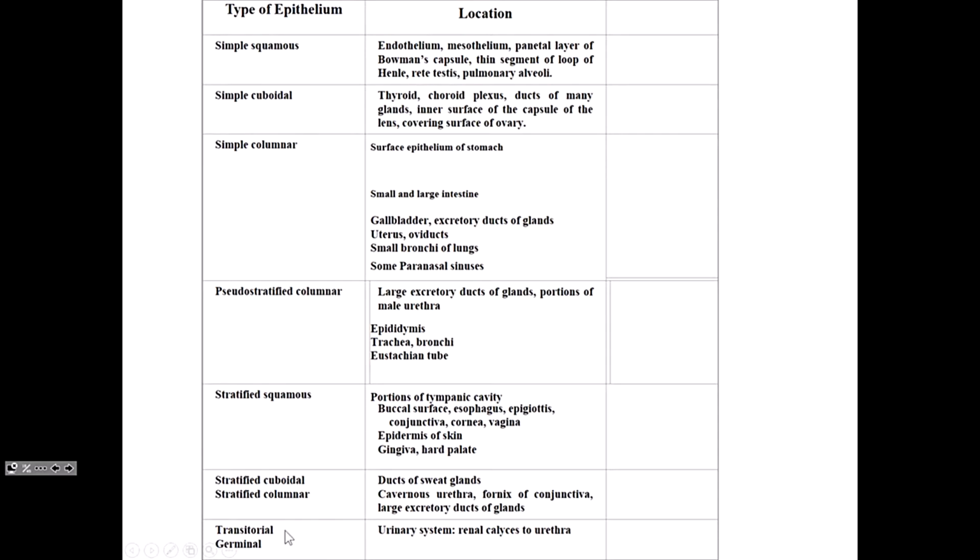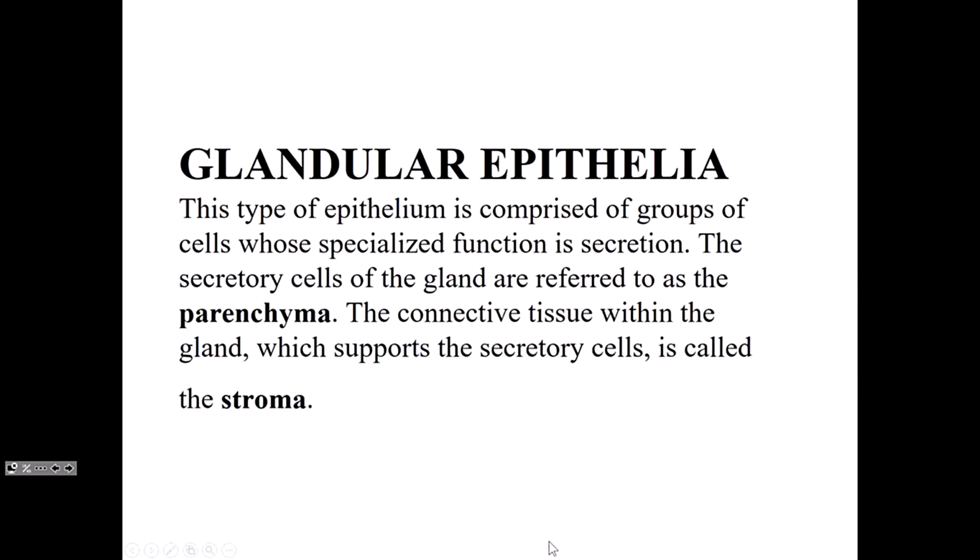And we have some other transitional and germinal epithelium in the urinary system as shown here, which we'll discuss as we go along. Okay, so now we know how to classify epithelium based upon whether it's simple, one layer, or stratified, if it's more than one layer, and whether the shape of those layers is squamous, cuboidal, or columnar, and then there are some special examples, pseudostratified, transitional, things like that.